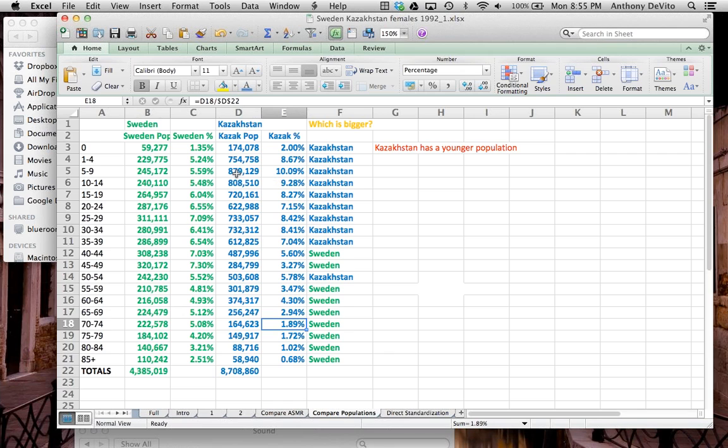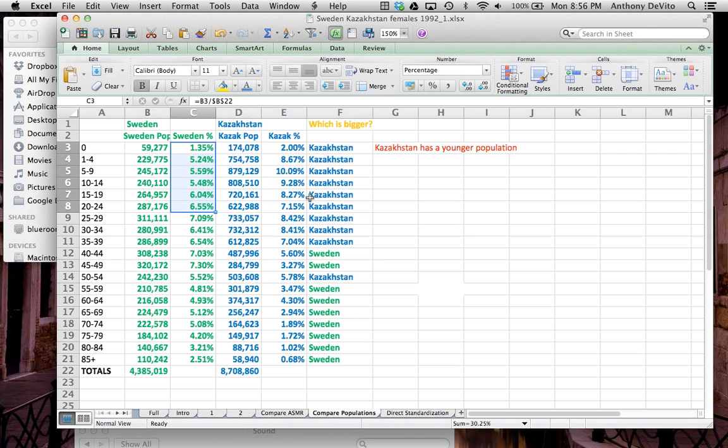In other words, let's look at younger. 5.5% of the population is between 5 and 9 in Sweden, where 10% is that young in Kazakhstan. So the mortality rates are much lower for younger people in either country compared to older people. What's happening here is that we're applying these age-specific mortality rates, but the population distribution of women in Kazakhstan is much younger than it is in Sweden.